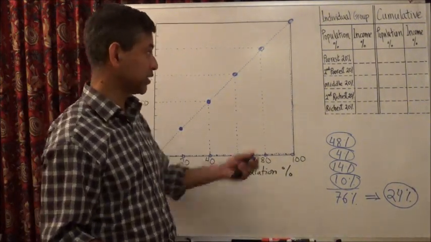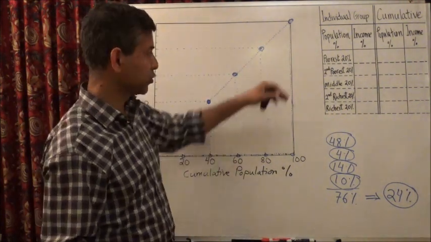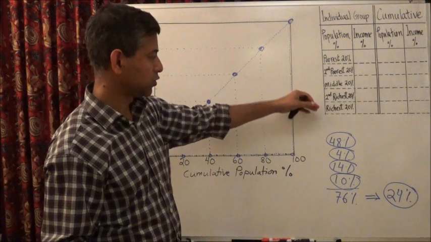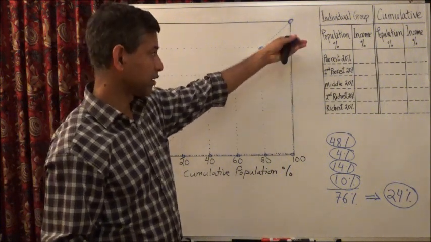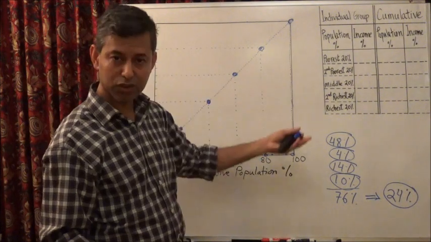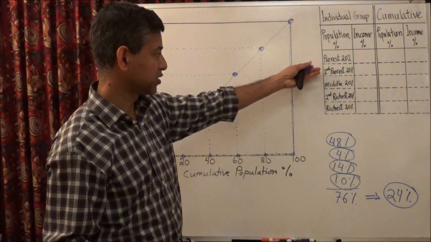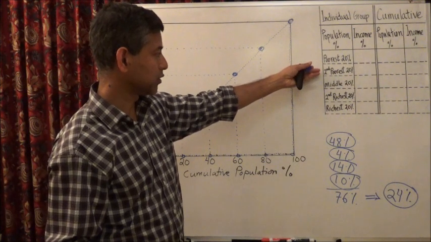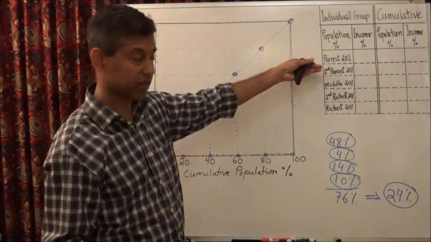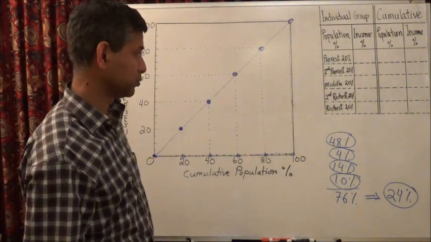Remember that in the table we are rank ordering the groups, going from the poorest quintile to the richest quintile. So the poorest quintile must have the lowest income share by construction. The second poorest quintile could not have less income share than the poorest, because then we would have reversed the grouping.